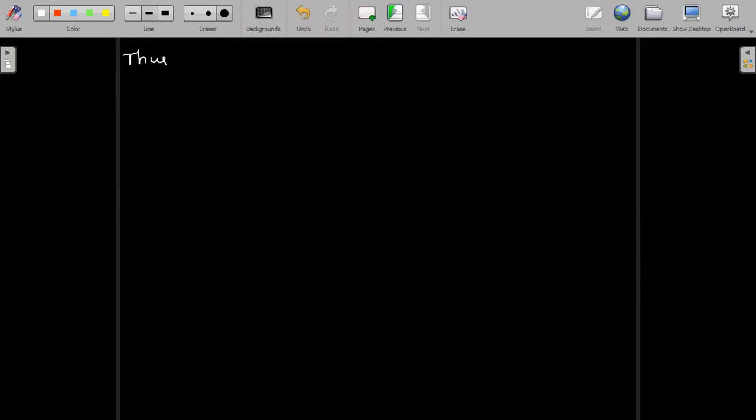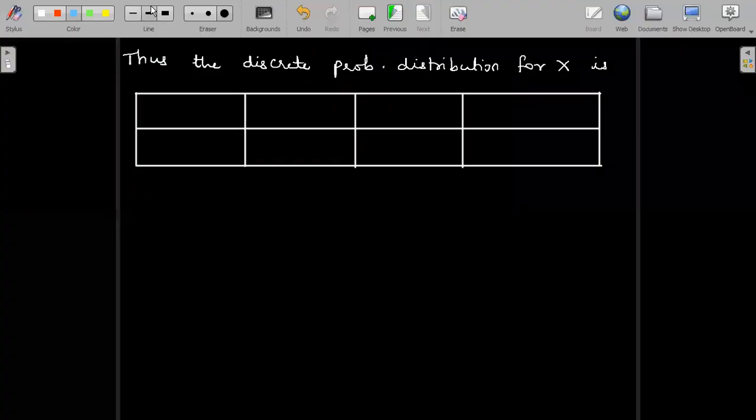Thus, the discrete probability distribution for x is as follows. We will tabulate and write it down in this way.